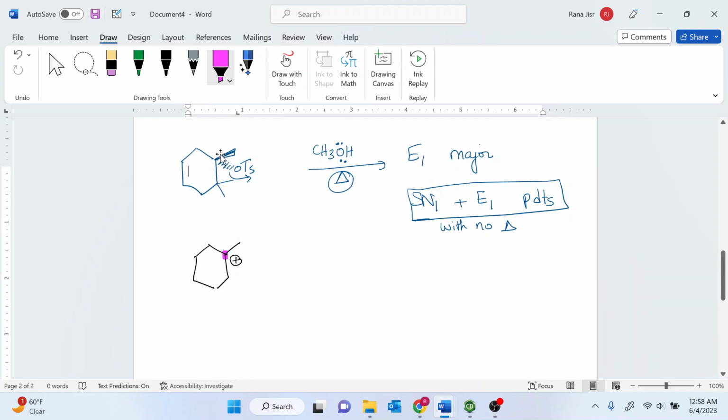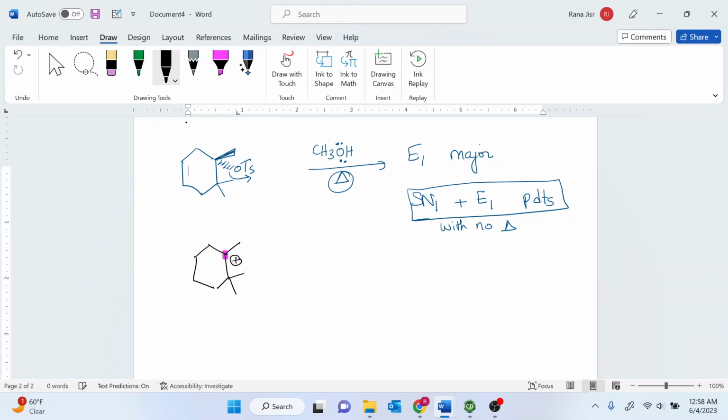See, the CH3 was in front, but when the OTs left, now everything became in plane. So all of those are planar. This is an sp2 hybridization, and it's planar in this case. So do not show any stereochemistry because it's not a chiral center after all.